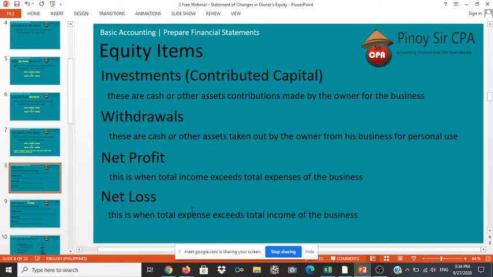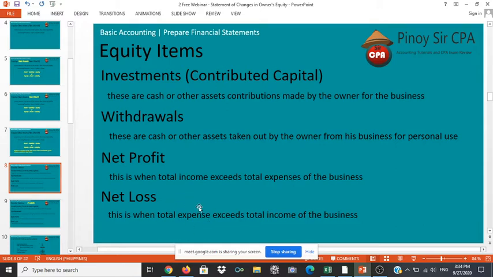Again, kung isipin mo, indirectly, yung expense talaga ang rason kung bakit bumababa yung equity. Kasi when we say net loss, ang mas mataas yung total expense kaysa sa total income.